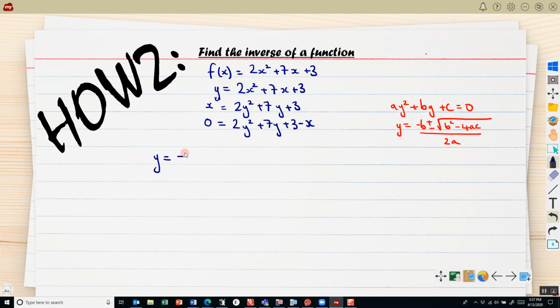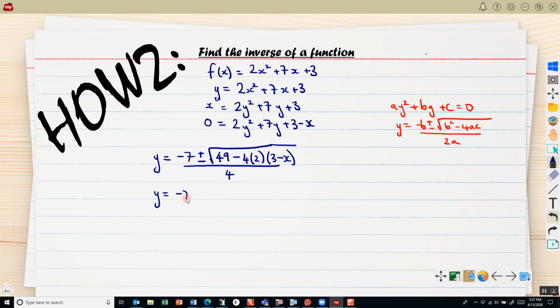So negative 7 plus or minus the square root of b squared, so that's 49, minus 4 times a, which is the number in front of y squared, times c, which is all of this. I'm treating that x as if it's a constant. All over 2 times a, 2 times 2, which is 4.